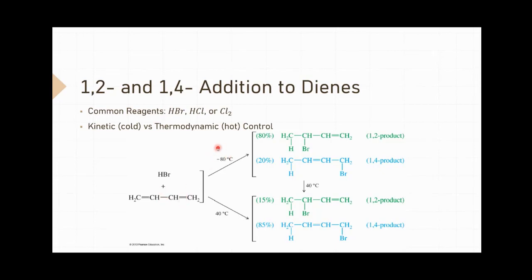With kinetic control, you would do a 1,2 product where both parts of the reagent you're attaching, so H and Br, will attach to the 1,2 positions. And with hot or thermodynamic control, you will attach it to the 1,4, so the first one and the last one with a double bond in the middle.